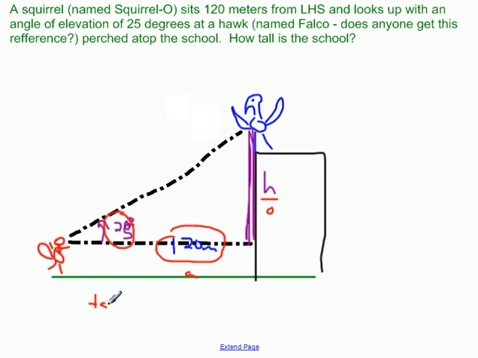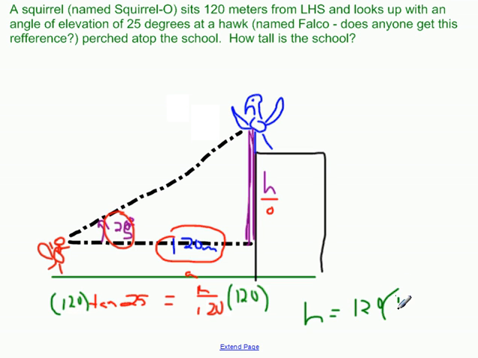So we're going to have tangent 25 degrees equals h over 120. So then to solve that, we'll multiply by 120 to both sides. And we'll find out what h equals here. So h will equal 120 times the tangent of 25.